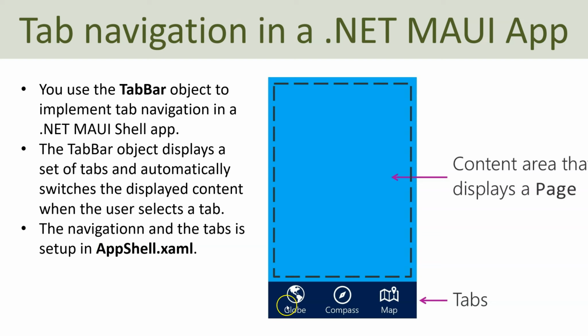So here you define the different tabs with icons, text, etc. And then later you need to create additional user interface files, XAML files for each of the tab items you define here in the tab bar.